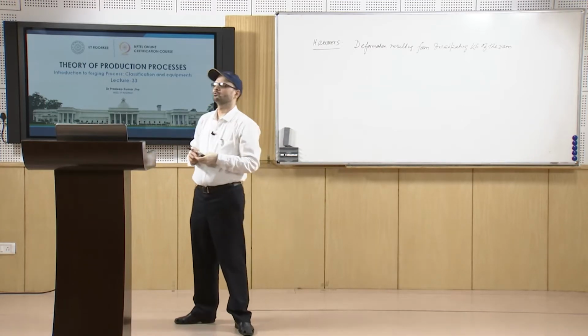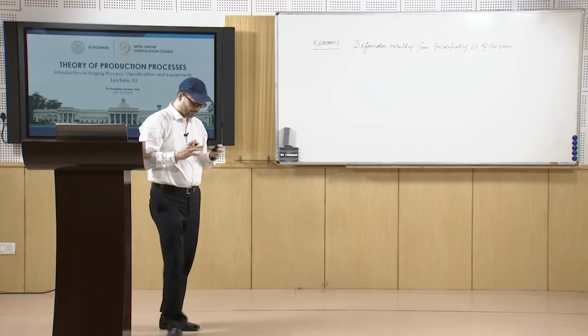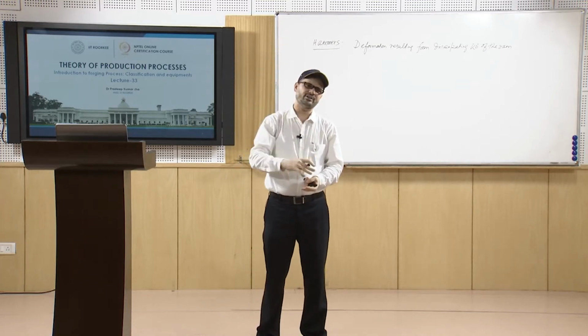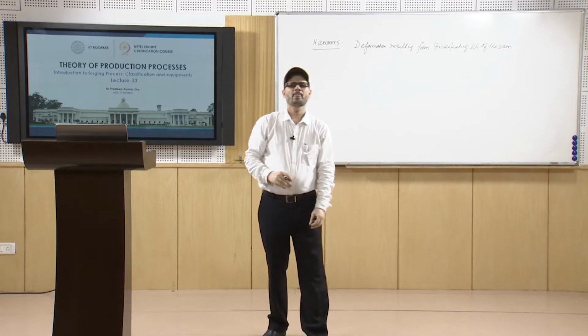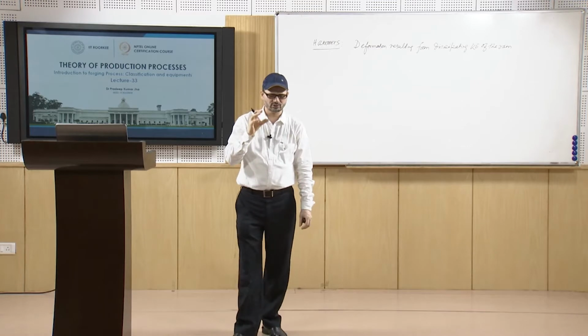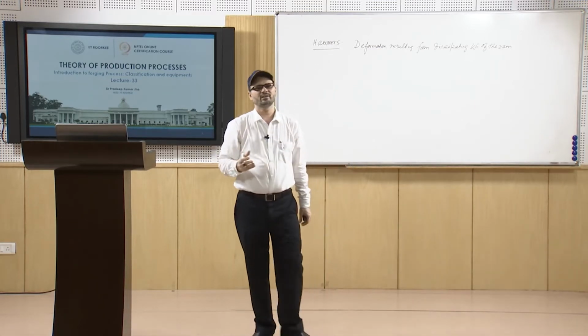Now, coming to the power hammer. In the case of a power hammer, the ram falls under its own weight, but you use an extra source of power, steam pressure or air pressure, pneumatic pressure.